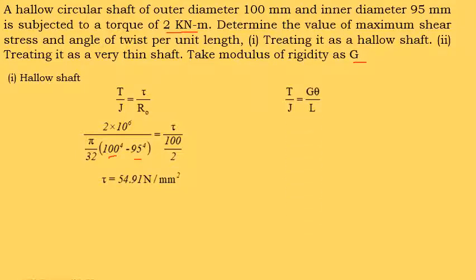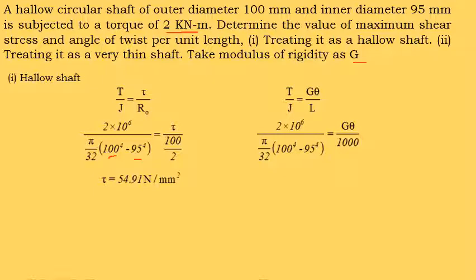Similarly, let us consider the second set of equation for torsion. T by J is equal to G theta by L. So T value is 2 into 10 to the power of 6, and polar moment of inertia is pi by 32 into 100 power 4 minus 95 power 4. Here G value is not given, so as it is we write capital G, and theta value is also not given.